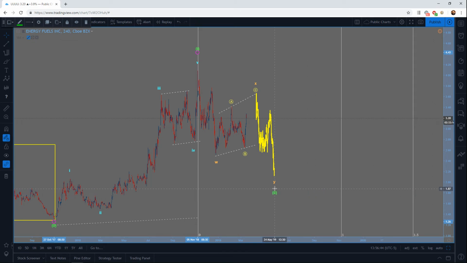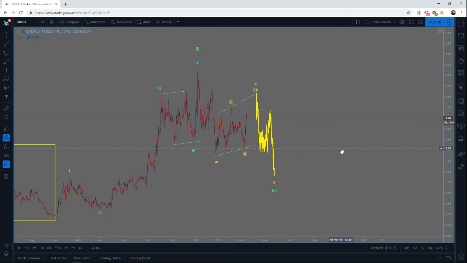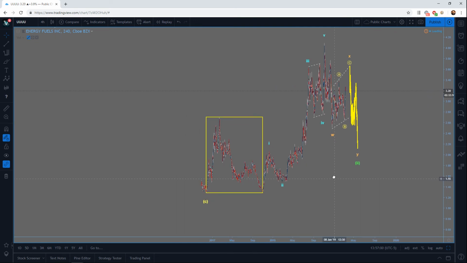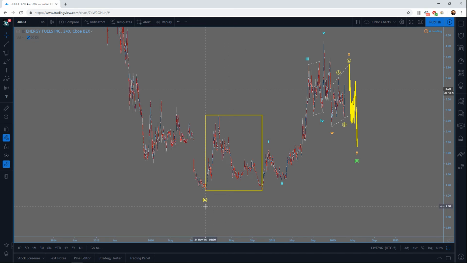However, I'm suggesting that you should buy the bottom of this. Why? Well, 600% is why. These have been basing for a long time. Since 2016, end of 2016, these started a basing type pattern.